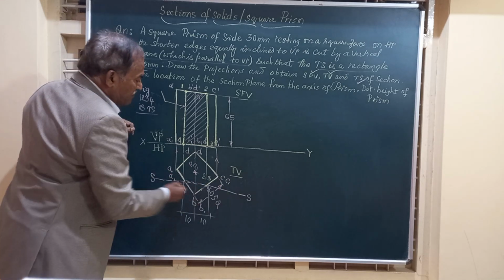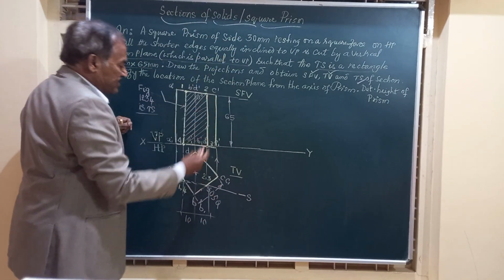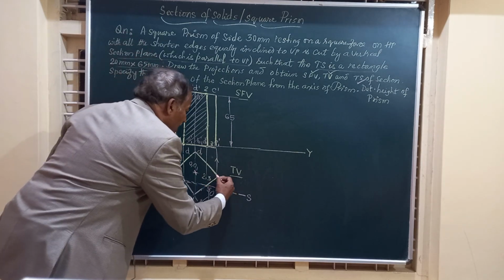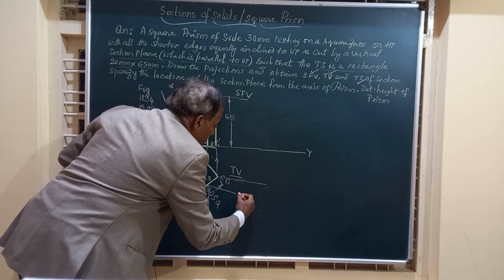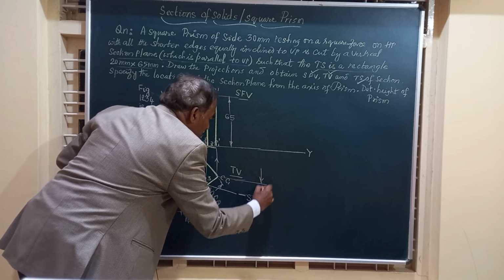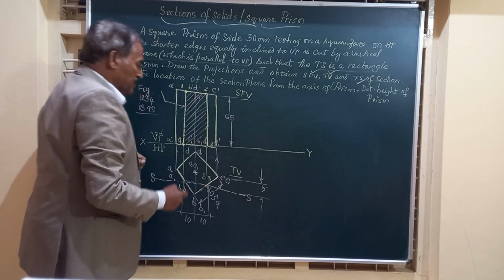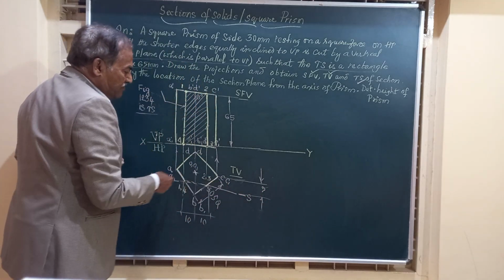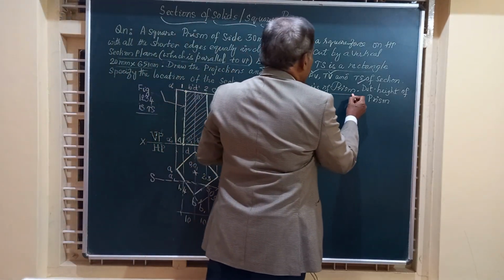And this section plane is parallel to XY, that is a vertical section plane they have specified. And you can say at what distance it is from the axis. So if you measure this distance from OO1, this will give you the distance of the section plane from the axis. You can measure that, scale that.